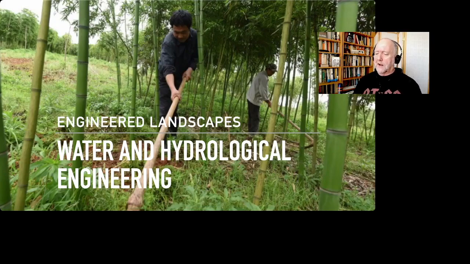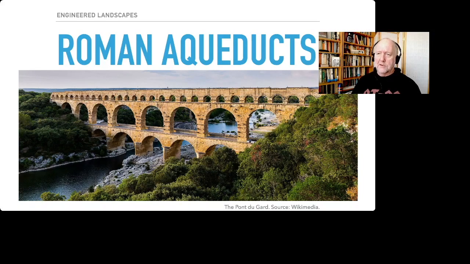Probably the most spectacular and well-known examples from the ancient world are the Roman aqueducts. Here's an example that's still used as an aqueduct in Roman Gaul, modern-day southern France. Its lower tier was expanded in the 1740s to carry a wide road across the river. They knew how to build things, those Romans.